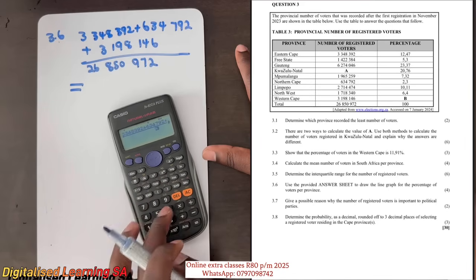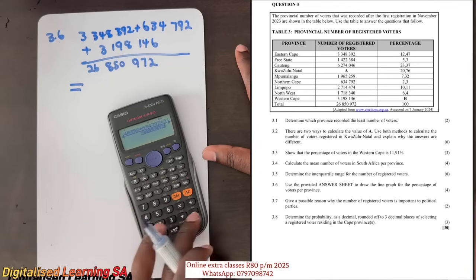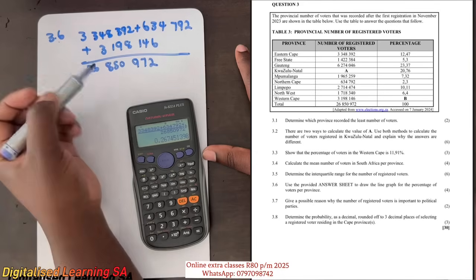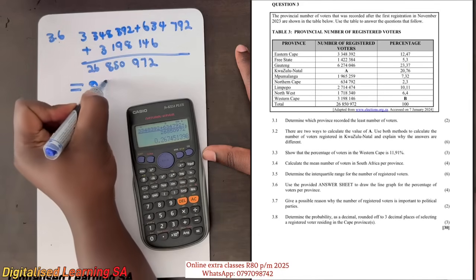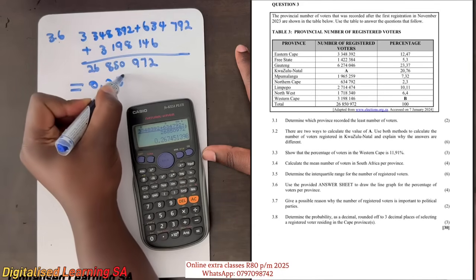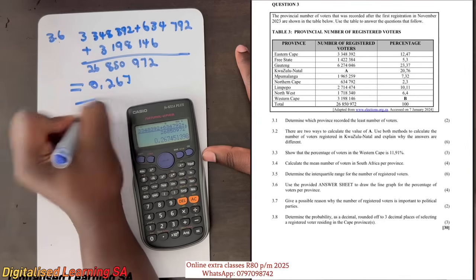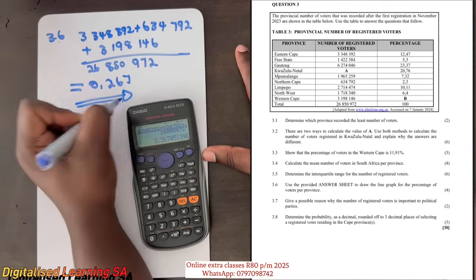Divide by 26,850,972. And our answer will be 0.267. So we rounded it off to 3 decimal places.